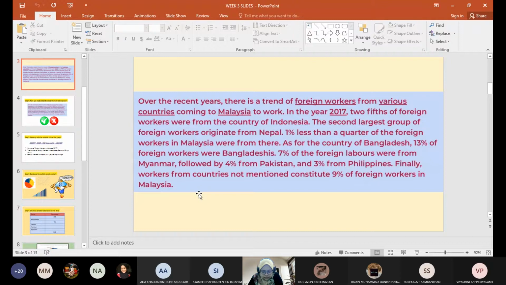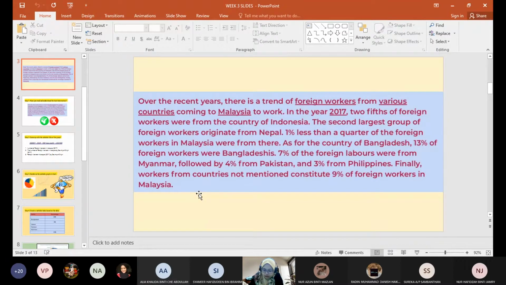Sekarang apa nilai yang tak confirm lagi, yang kita tak jelas lagi? Negara mana? Indonesia, okay. So, 2/5 darabkan dengan 100, sebab kita nak tahu nilai dia dalam persen.